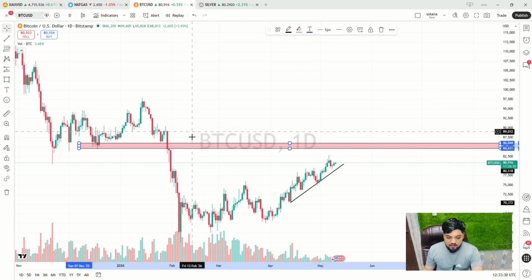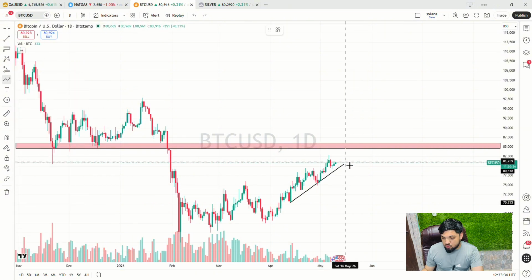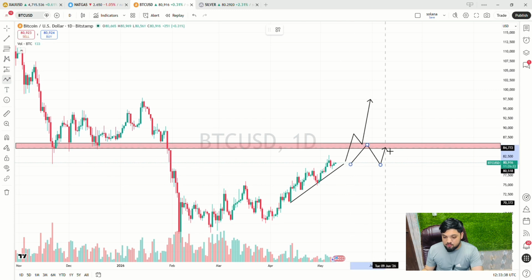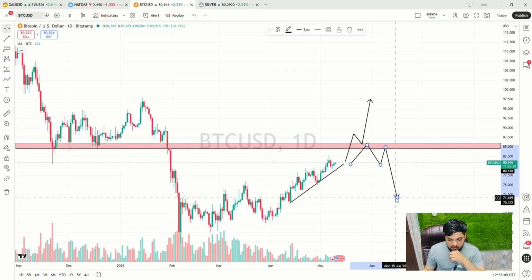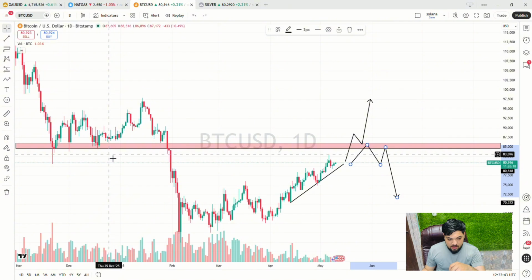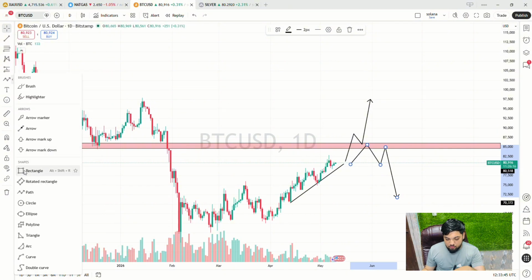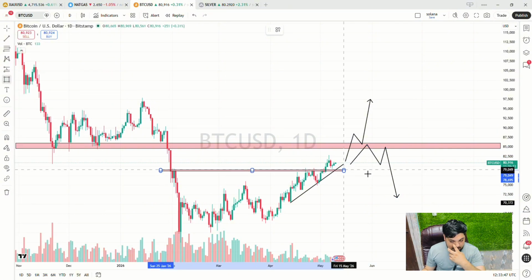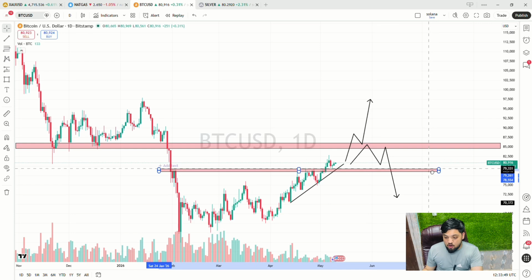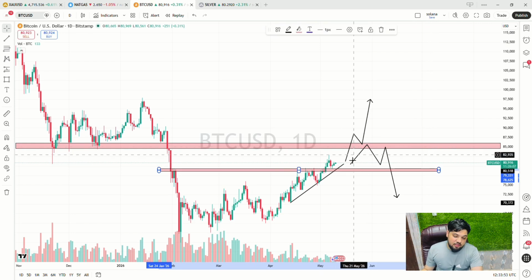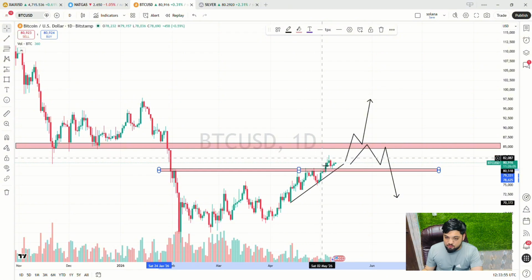After that, the market will decide whether it will close the structure or reject this structure. This is according to the day one structure, and now we have a strong resistance breakout. Bitcoin is holding above the resistance level. That's why it is very important to take a buy trade towards 85.